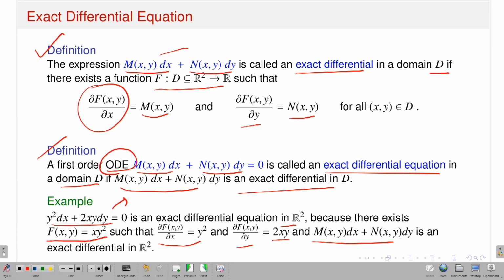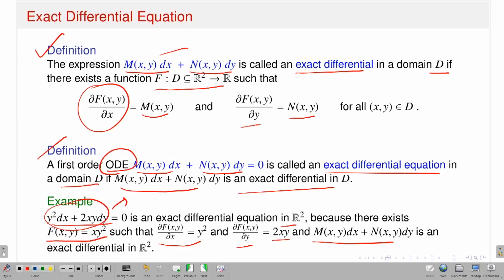This is a first order ODE, first order ordinary differential equation. This is exact because this part is actually an exact differential. That means I have a function capital F whose portion y square, the M part, is obtained by the partial derivative of F with respect to x, and this N part is obtained by the partial derivative of F with respect to y.